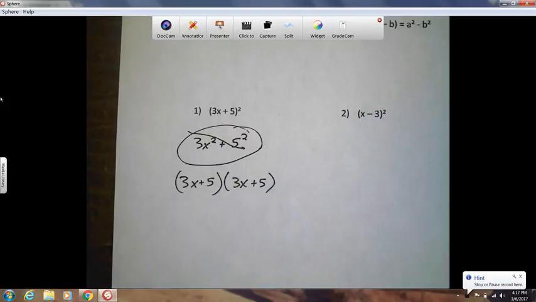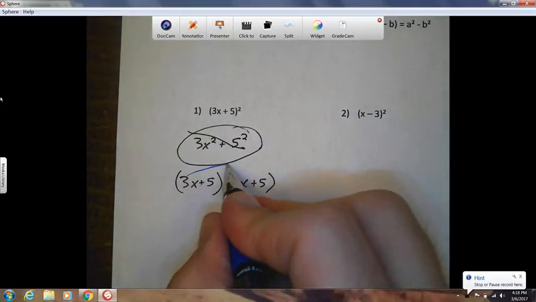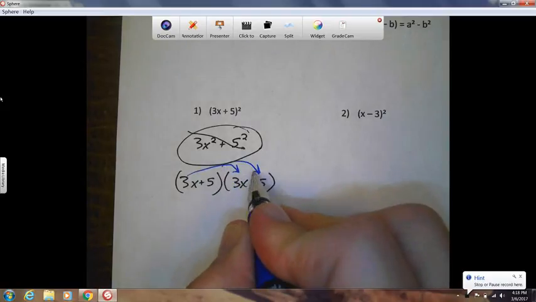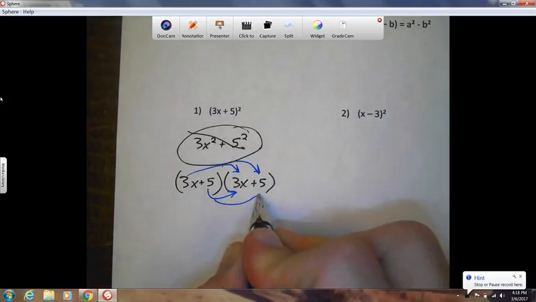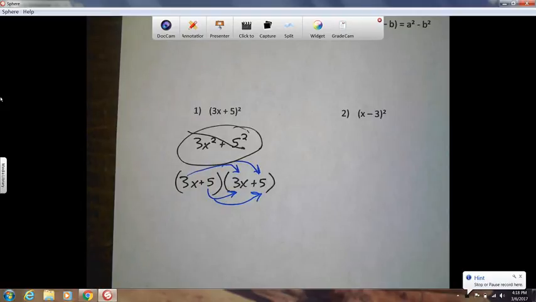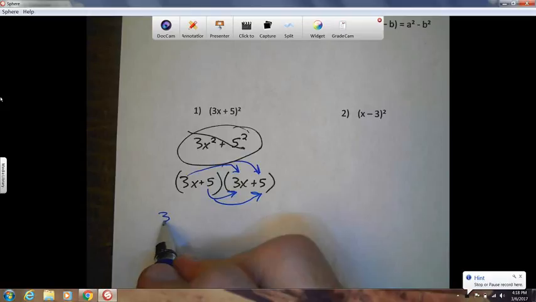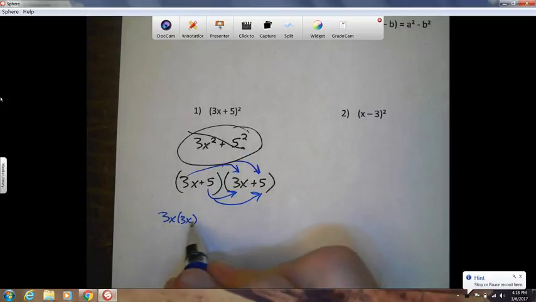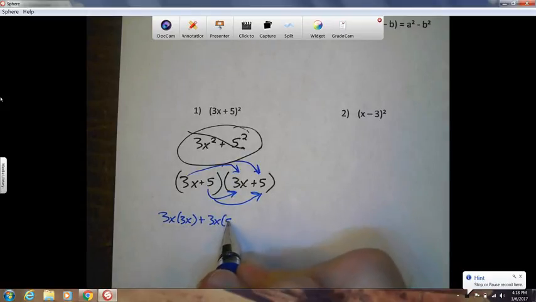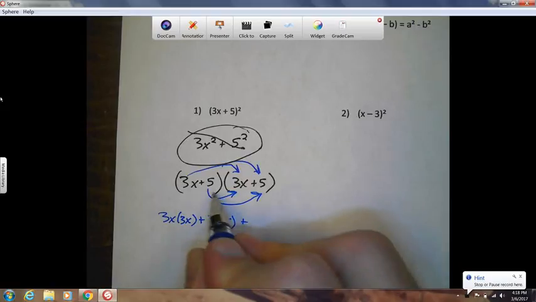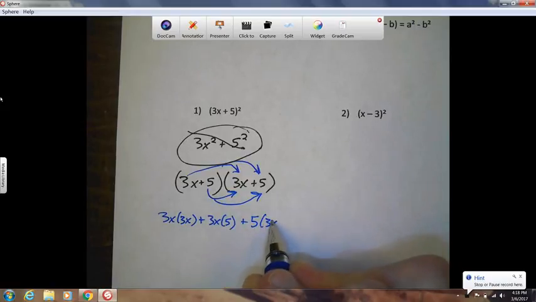So it needs to be written like this, and I'm going to multiply every term like we did in the previous lesson. So 3x times 3x, and 3x times 5, and then 5 times 3x, and 5 times 5.